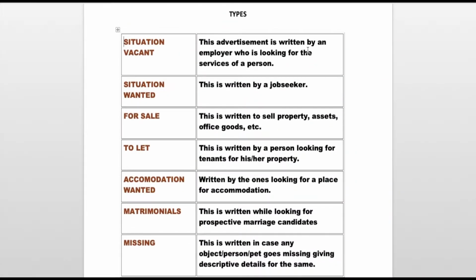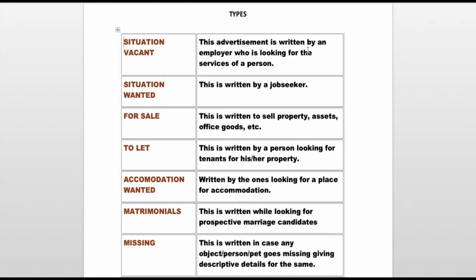The first and the most important one is situation vacant. This type of advertisement is put up by an employer. An employer is someone who is the head of a business, who looks for services of other people.